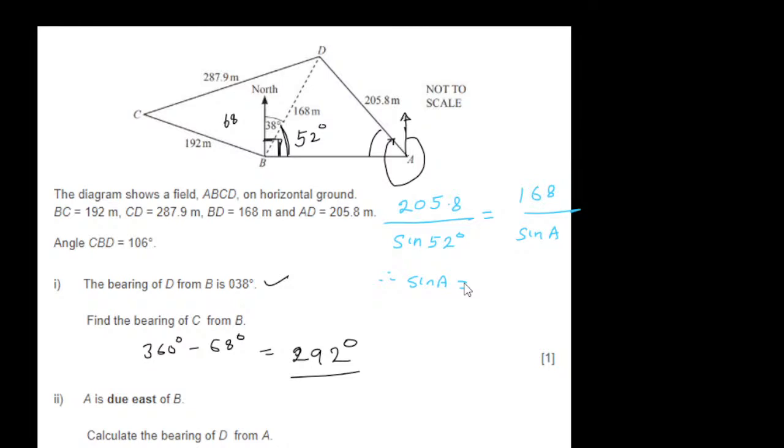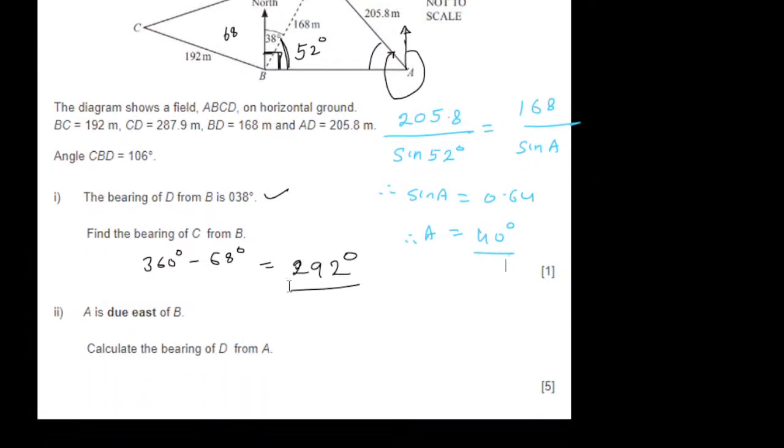Okay, so the value of sine A we got is 0.64, so therefore angle A will be sine inverse. So whatever answer we got, shift sine inverse of answer, so the value is 40 degree. Okay, 40 degree. Up to one decimal place, it is 40 degree only.